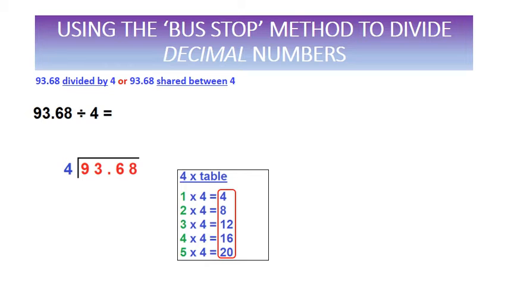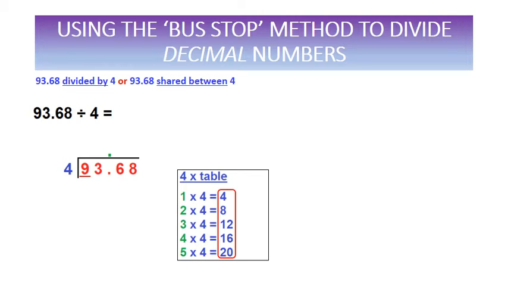We're interested in the answers, or the products. The first thing we have to do when we're dividing a decimal is to put the decimal point in our answer first. Absolutely crucial, and again it has to be lined up exactly with the decimal point in the dividend. And once we've done that, we simply carry on exactly as before.